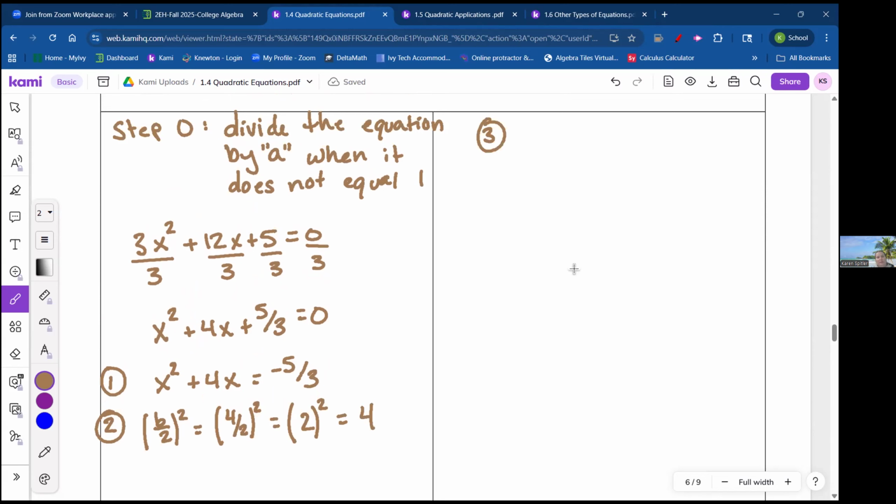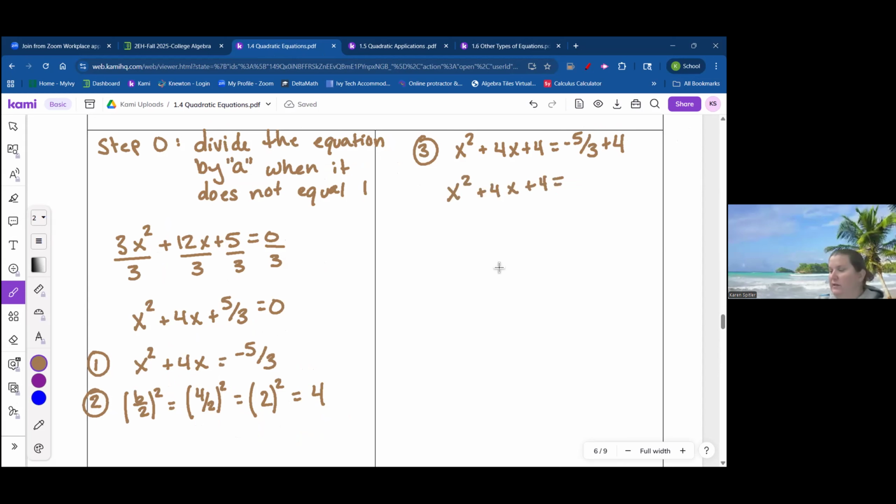So I've got x squared plus 4x, I'm sorry, I started mixing my stuff. I apologize. Plus 4x plus 4 is equal to negative 5 over 3 plus 4. And you do want to keep this as an improper fraction, not a decimal. So you end up with x squared plus 4x plus 4 is equal to 7 over 3. You do want to keep that improper fraction there.